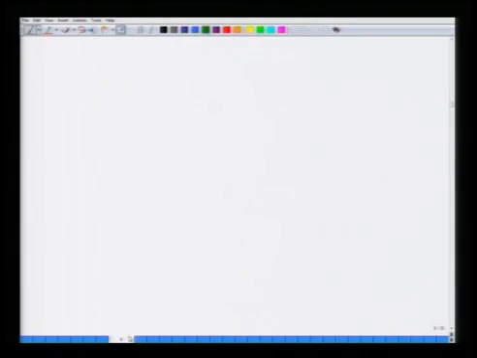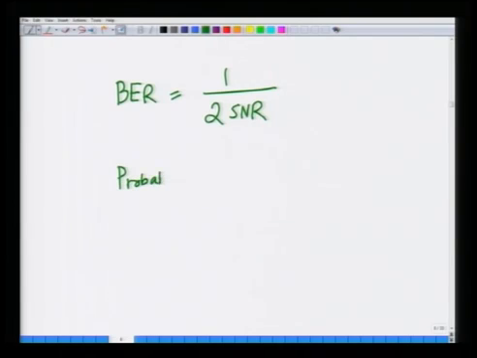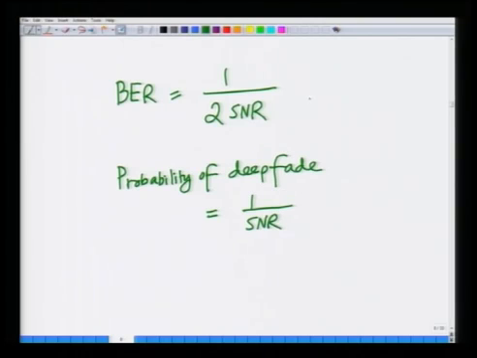This is important because look at this, we said the bit error rate is 1 over twice SNR, and we also computed the probability of deep fade equals 1 over SNR. So, look at these two values.